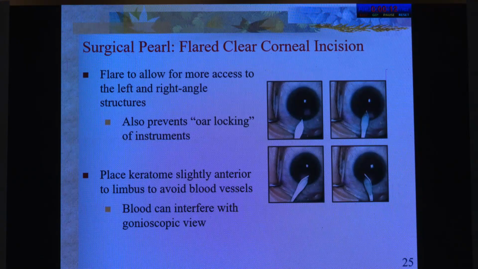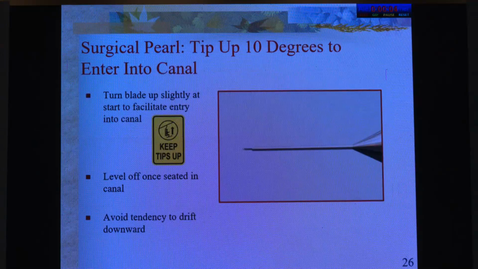Like any other cataract surgery, one very important tip is that you have to go clear corneal in this. You cannot go around the limbus, because if you have a little bleeding, it is going to obscure your vision. Like any other procedure, you tilt the tip and enter inside. Once you release the trabecular meshwork, the level is off, that means you become horizontal.